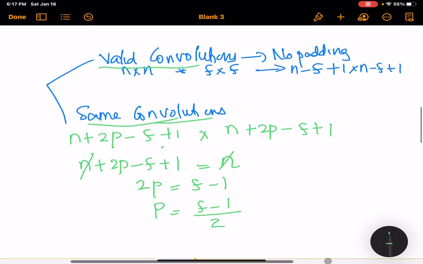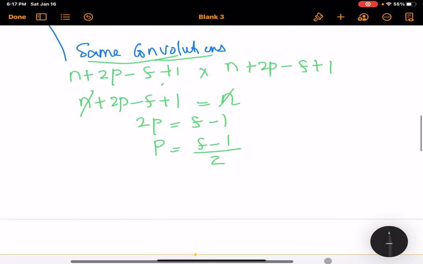So, for example, if I have a filter of 3 cross 3, then we had a padding of p is equal to (f minus 1) by 2, which is 2 by 2, equal to 1.